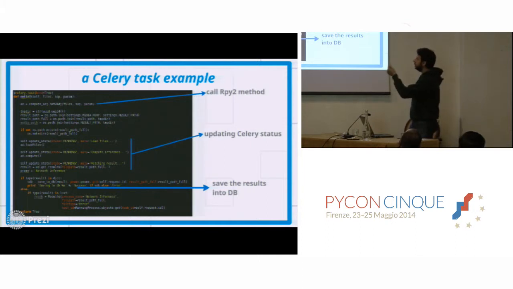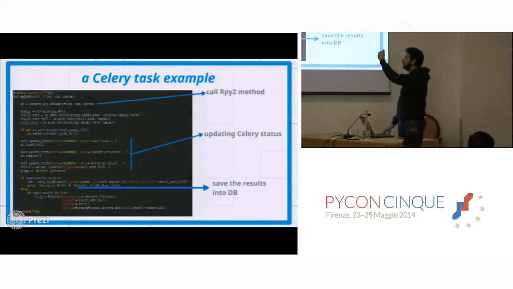So we have a Python object. We have some other lines of code, and in this part you can see the Celery status update methods. We have the running method with some meta messages: load files, compute inference, fetching results.